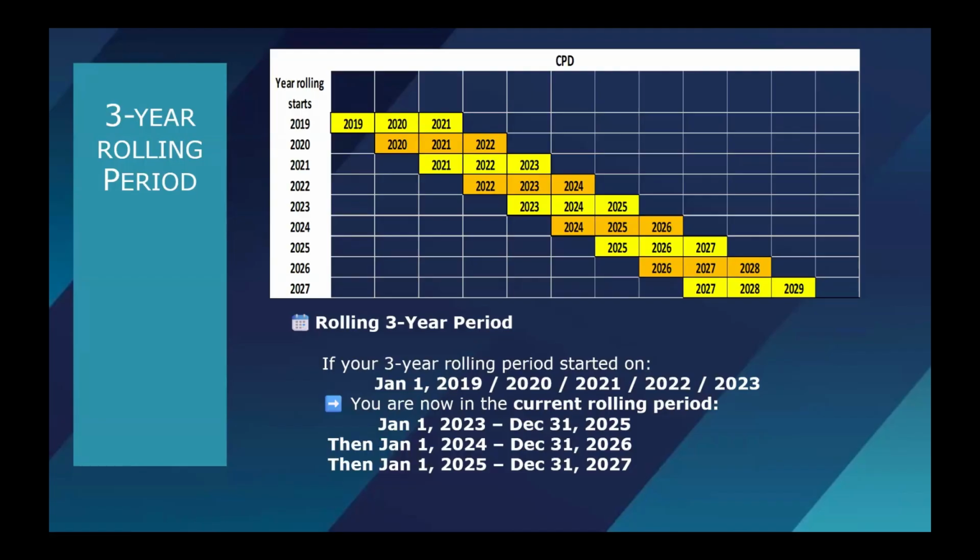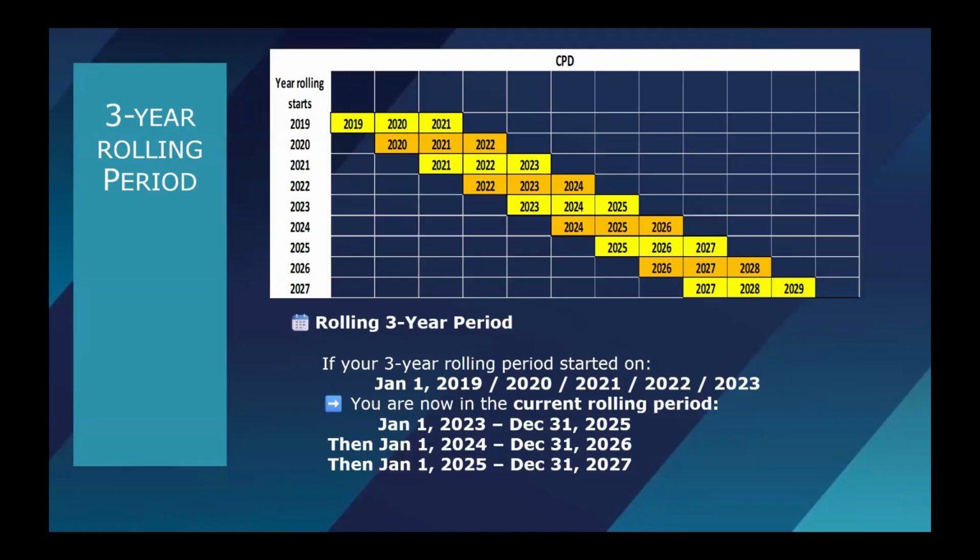If you just earned your designation in 2024 and 2025 is your first year for submitting, you are in your 3-year period of January 1st, 2025 to December 31st, 2027, as an example.